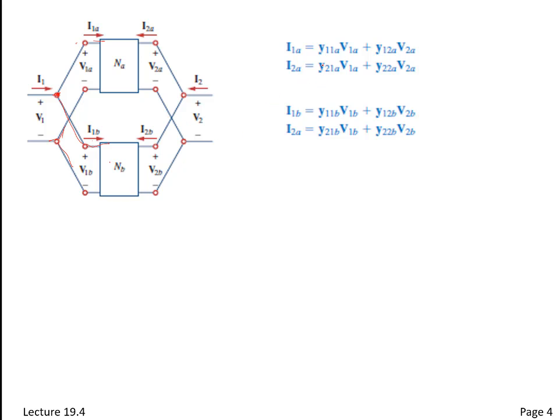Now we're using admittance parameters. The I1 current and the I2 current on the A network is admittance times V1A plus admittance times V2A. All we did was just break down into an A network and a B network.